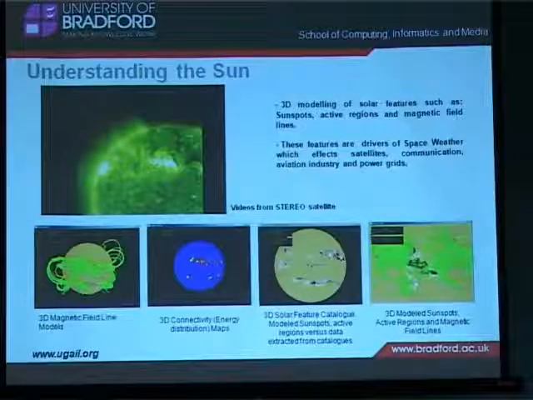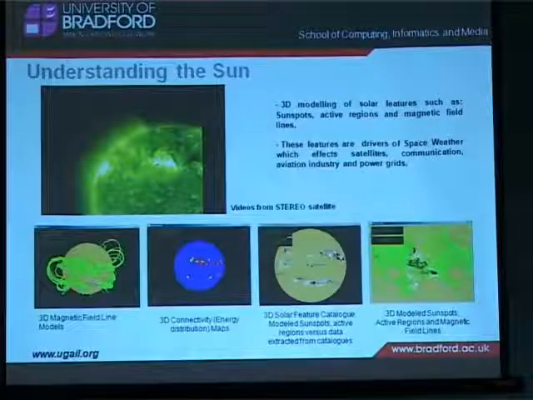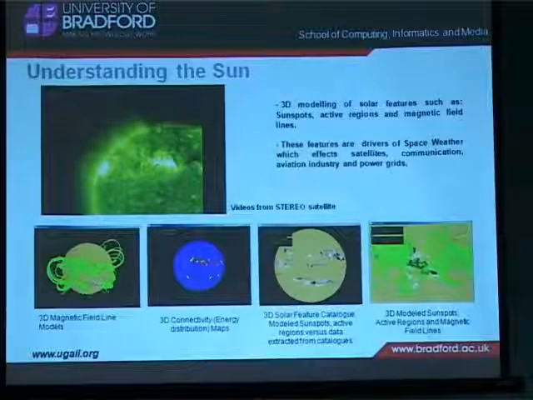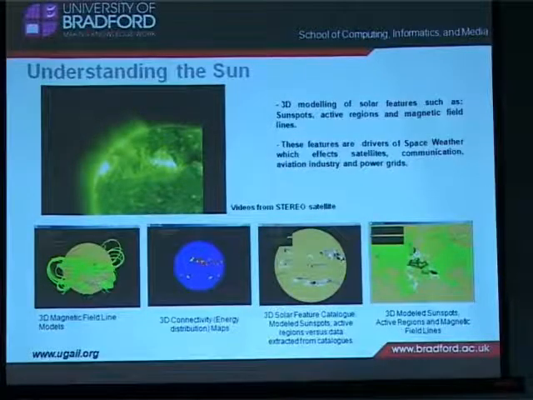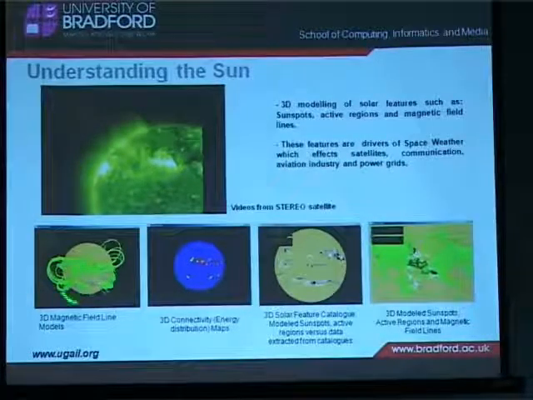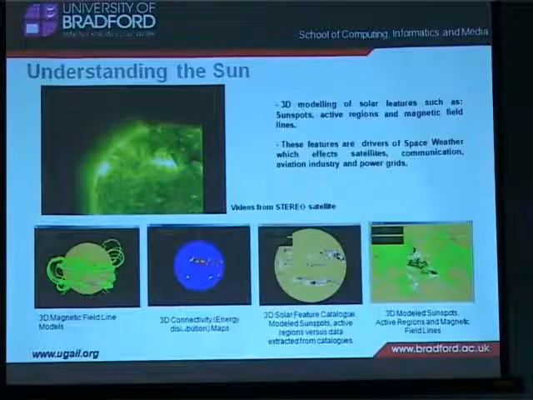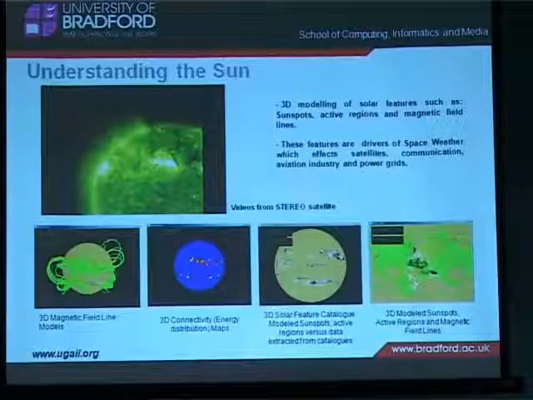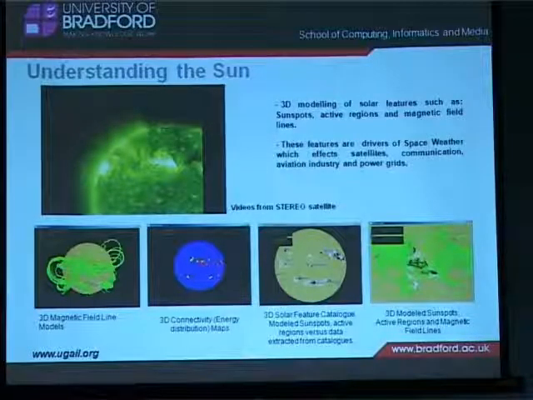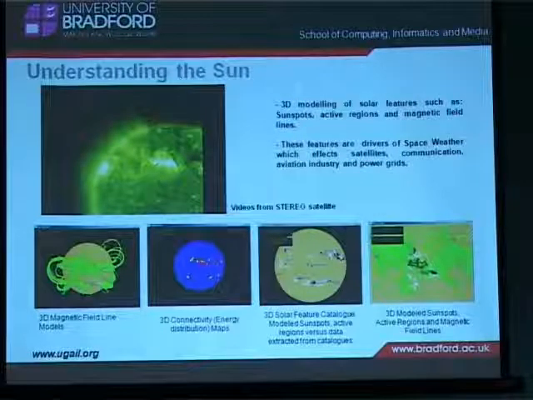We can fairly well predict the weather on Earth these days. So the idea is to go beyond that and try to predict the weather within the solar system. What we are doing here is trying to understand how the magnetic field line distribution works when activities happen, and also other solar features, based on the satellite data. We're trying to develop a predictive model so that we can predict these things in the future.